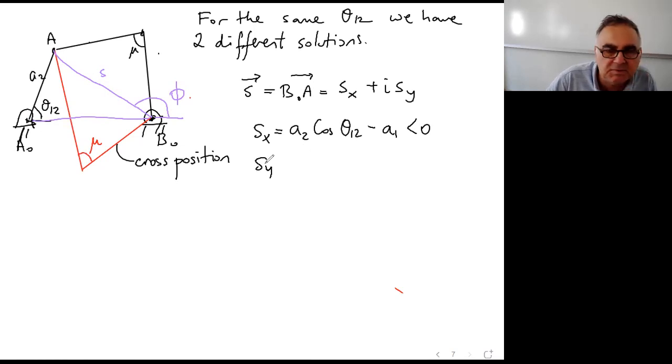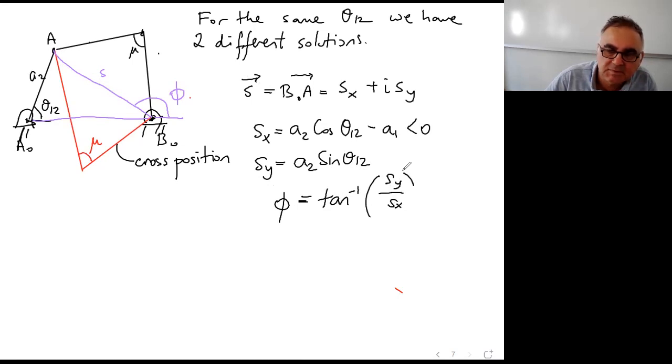And then Sy is equal to A2 sine theta 1,2, okay? In which case, we can write phi angle to be tangent inverse of Sy over Sx, okay?